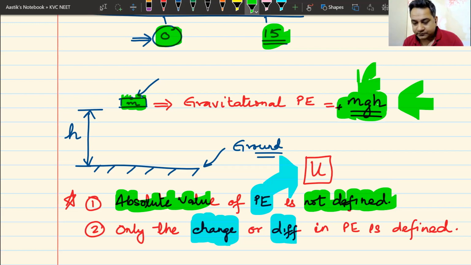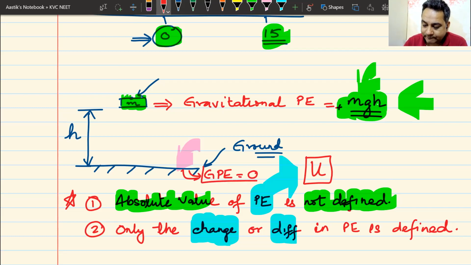So here also, when you have told me that the value of gravitational potential energy is plus mgh, you have assumed a zero in your head. Where is that zero that you have assumed? Well, that zero is assumed here on the ground. So in your head, you have assumed that the GPE of this point is zero.